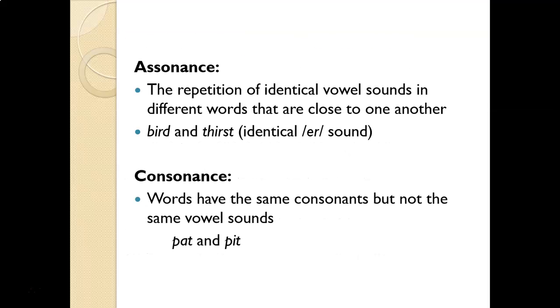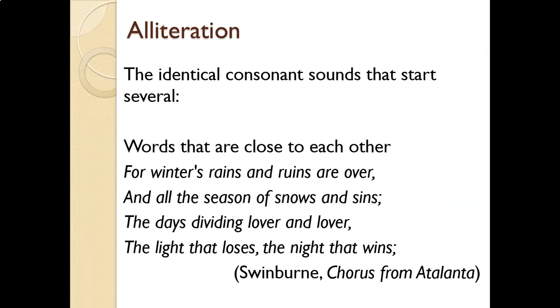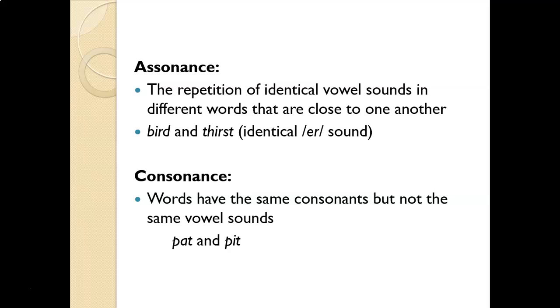Next, we have two more terminologies: one is called assonance, the other is consonance. The repetition of identical vowel sounds in different words that are close to one another is called assonance. In other words, it is the opposite of alliteration. In alliteration, we had similar consonant sounds placed closely together, and in assonance we have identical vowel sounds put closely together.